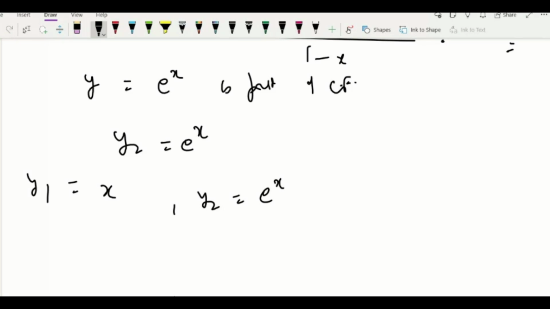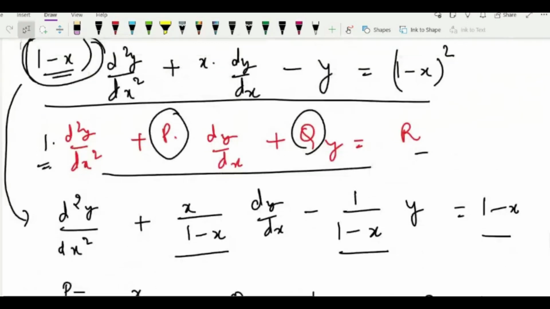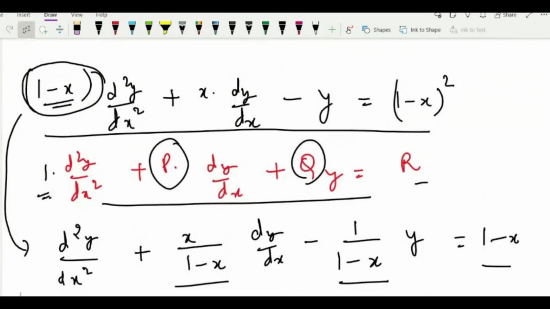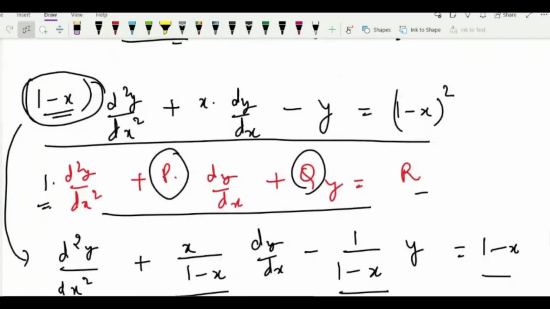Now the second step in solving this type of equation: you can see from here we have r is equal to 1 minus x. We can solve this equation by a previous method? Is there any method to solve this type of equation, like constant coefficient or Cauchy-Euler equation?